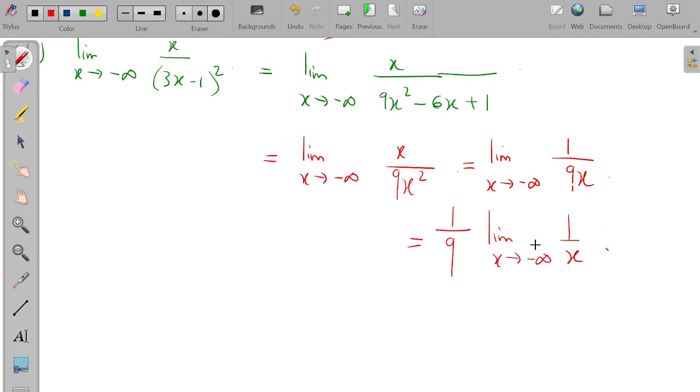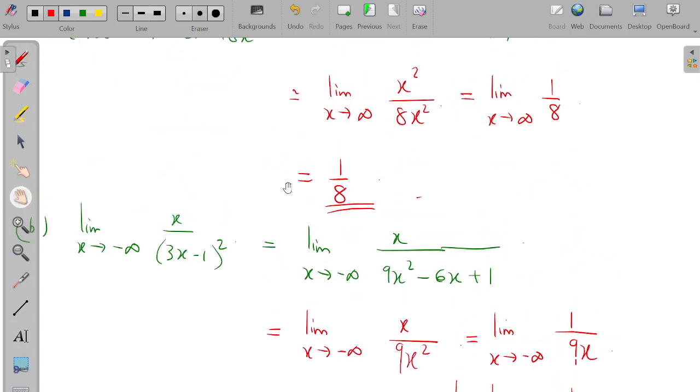By the time we use the property, because this is now 1 over x, we get 1 over 9 multiplied by 0, and then we get 0. So the limit of that is 0.